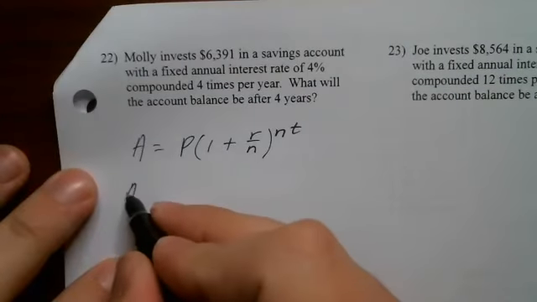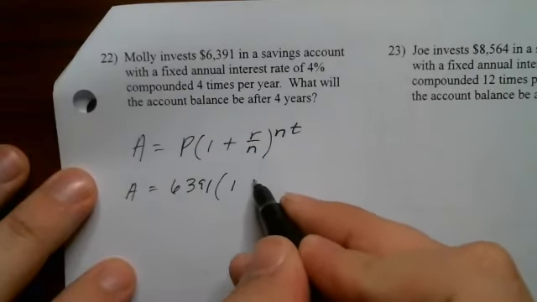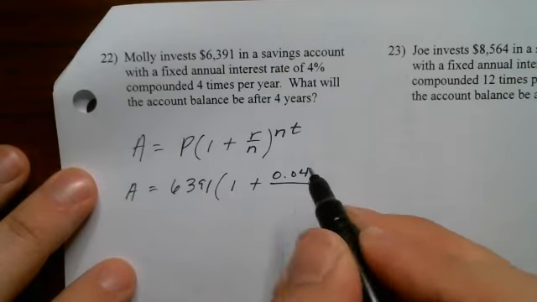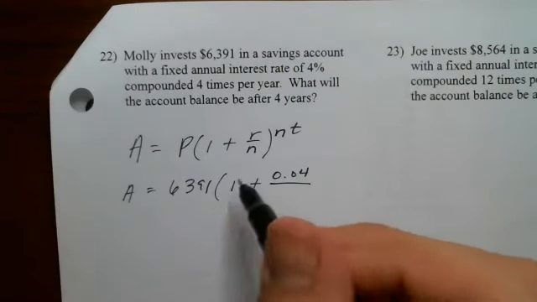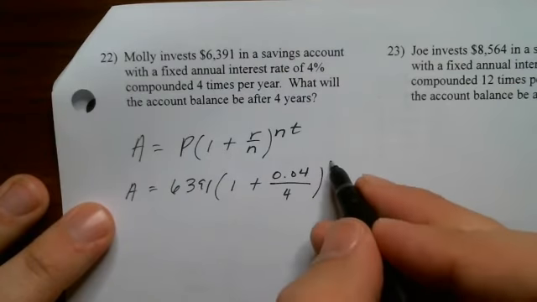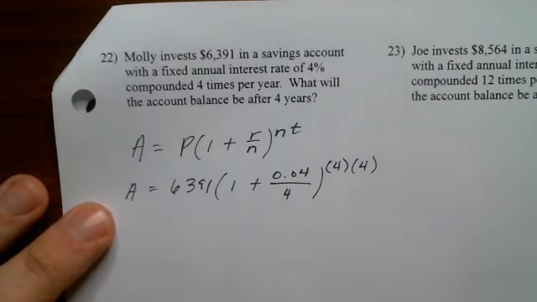So A is equal to principal, 6,391 times 1 plus the rate. Make sure you put the rate as a decimal, all over how many times it's compounded, which is 4. N is how many times it's compounded, which is 4. And t is the time in years, 4.